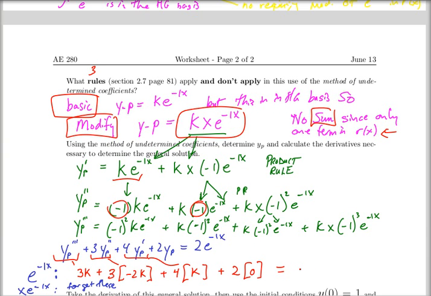And then the right-hand side is going to be the 2. I have one equation for k. It looks like 3 minus 6 plus 4, 3 and 4. So k is equal to 2. I think we're done.